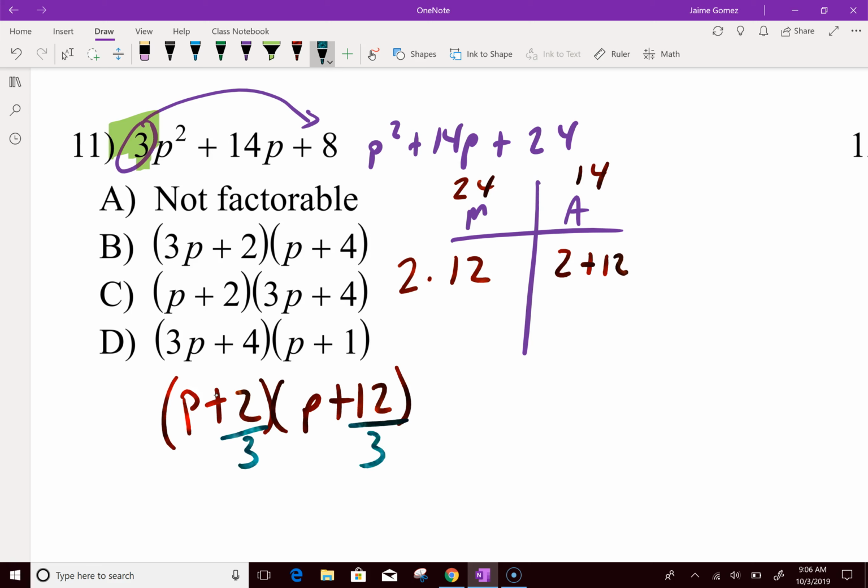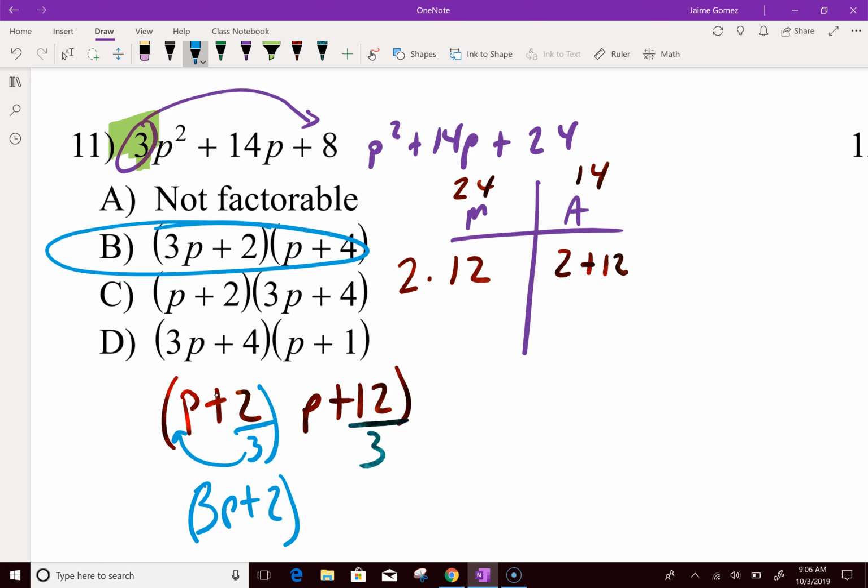The 2 and the 3 here cannot be reduced, so then you put a 3 in the front. That's 3p plus 2, which automatically gives you this as the answer. 12 divided by 3 is 4.